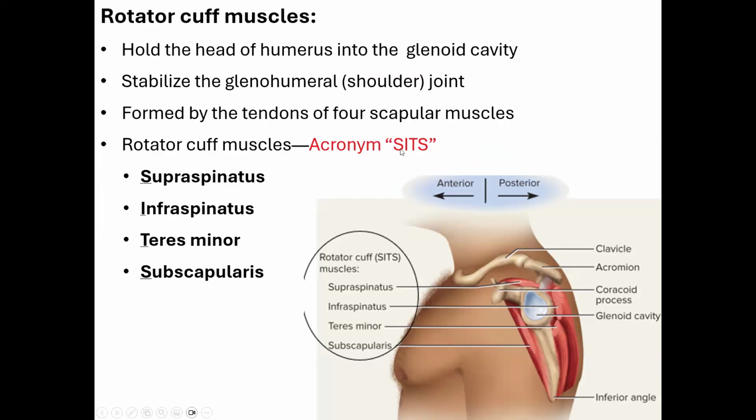If you remember SITS, S-I-T-S, which means there's a muscle called S, supraspinatus, infraspinatus, teres minor, and subscapularis. So here you can see the supraspinatus. Supraspinatus means it's above the spine. Infraspinatus means it's below the spine. Teres minor and subscapularis.